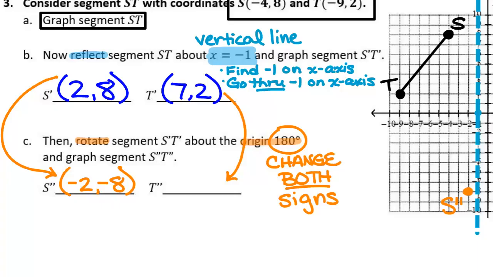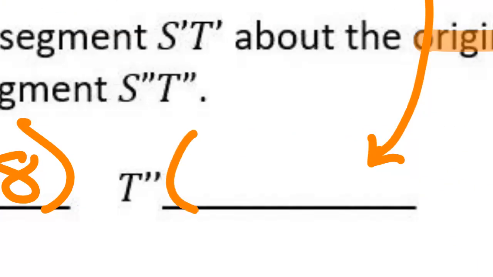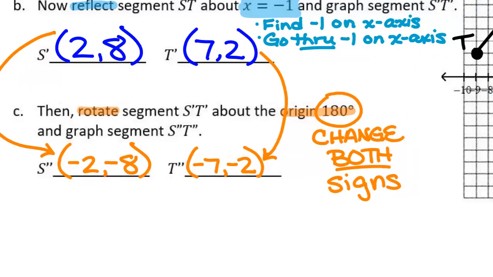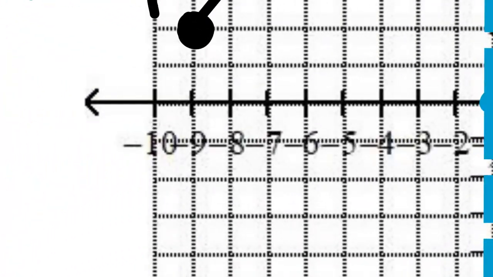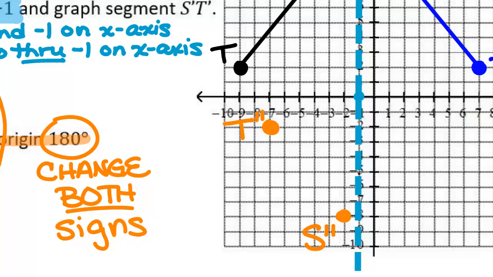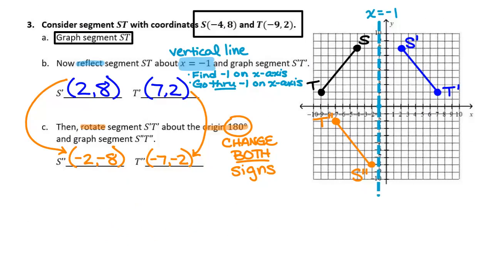What would T double prime be? -7, -2. -7, -2 would be right here. So there's my T double prime. Grab my straight edge and connect those 2 points to make my now rotated line segment.